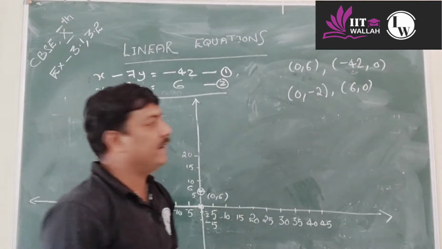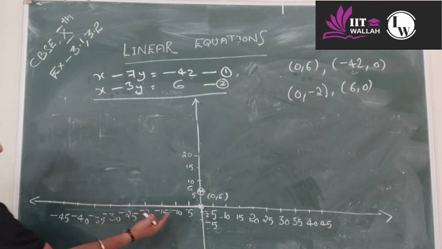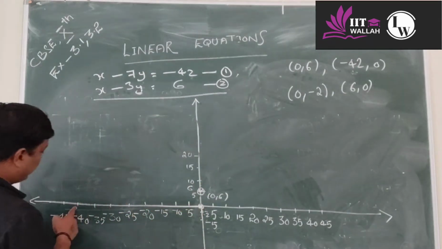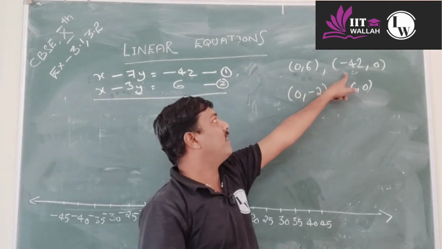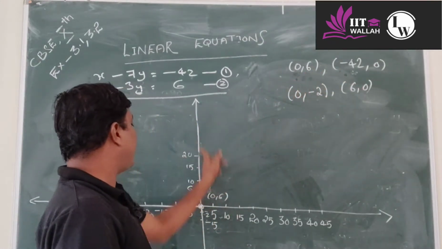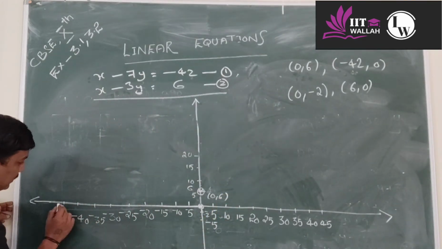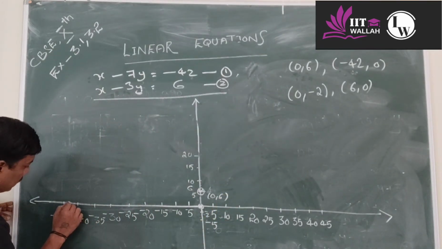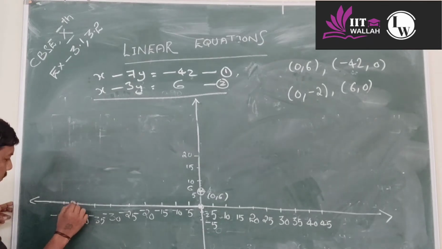Now one more point we need, minus 42, 0. That means x is minus 42, y is 0. That means this point lies on x axis, this point lies on y axis. Got it? So minus 42 means 1, 2, 3, 4, 5. So it will be like here almost.